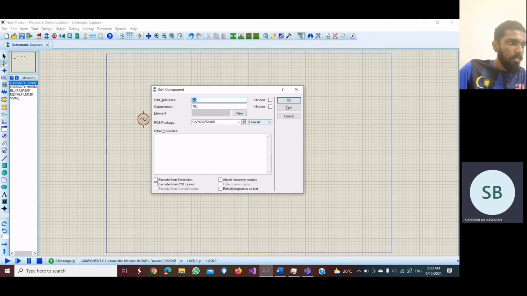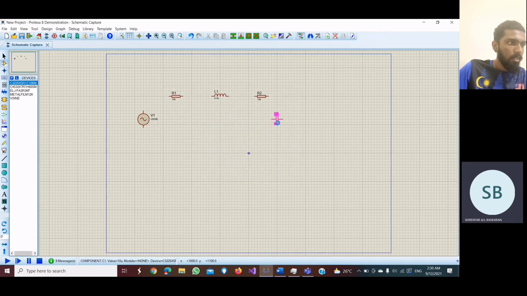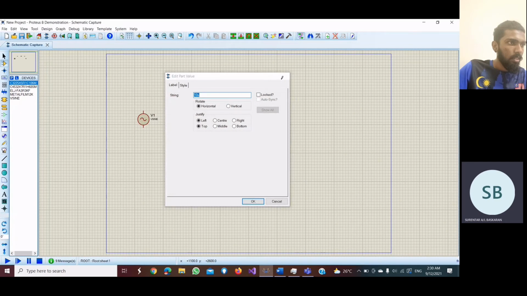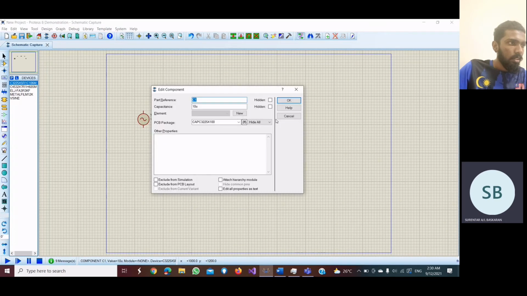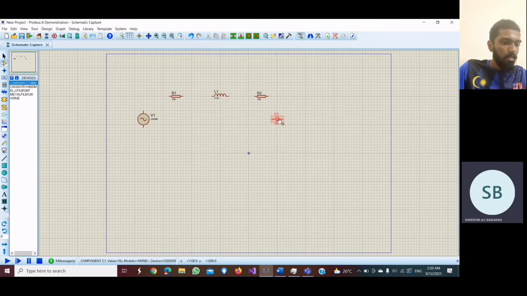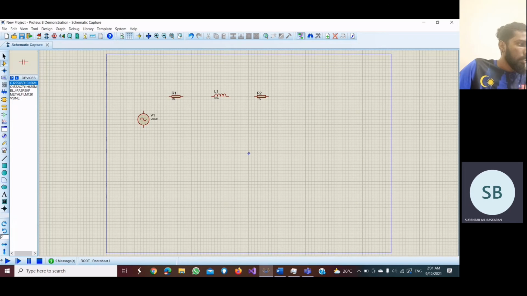We rotate the capacitor first, then place it.